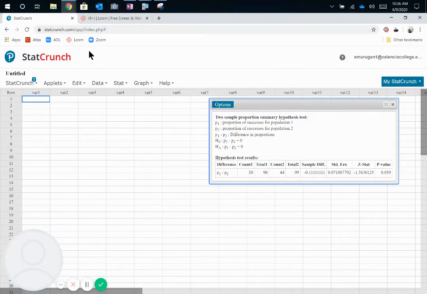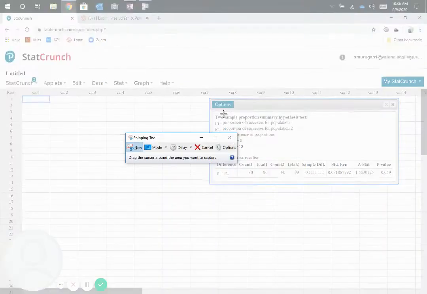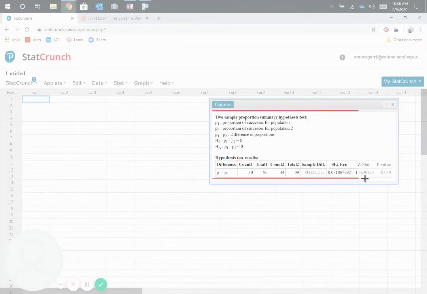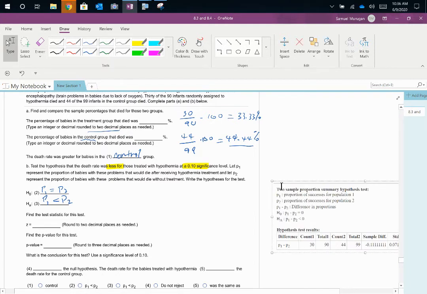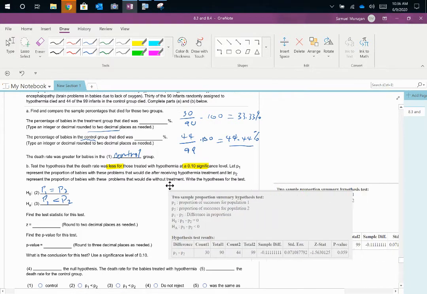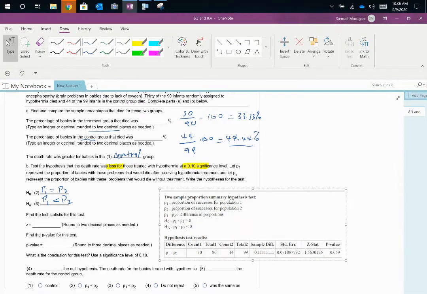And we grab this picture, put it into the notes, and use it to interpret our results. Yes, so let's go ahead. I'm going to paste this here and then drag it in. All right, that's good.